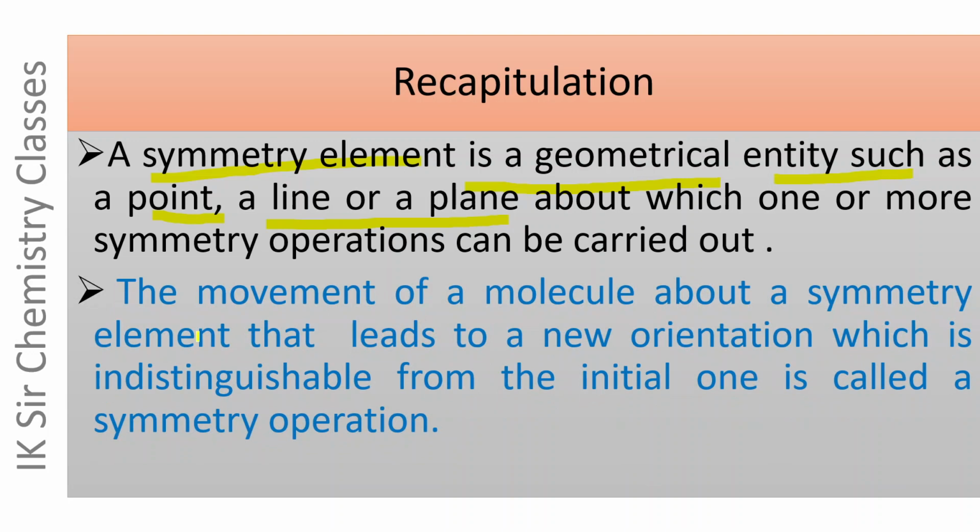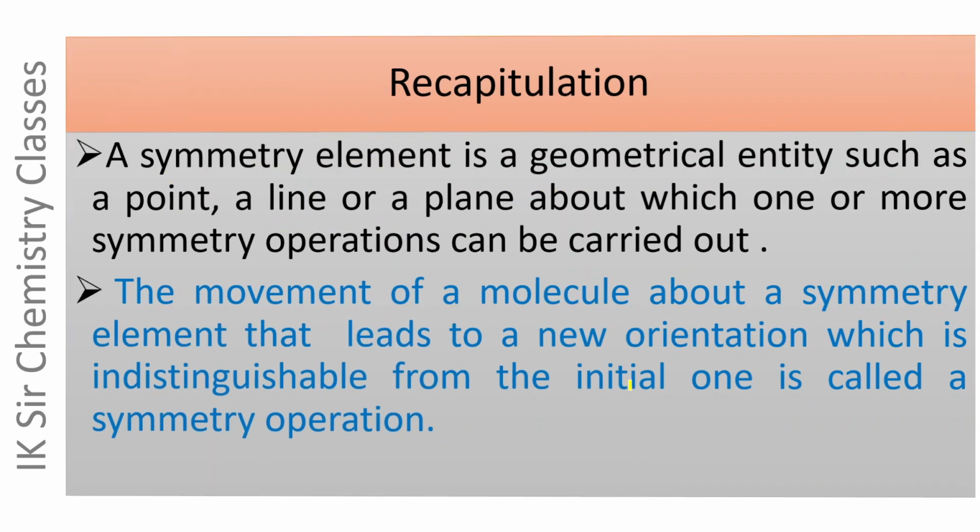On the other hand, the movement of a molecule about a symmetry element that leads to a new orientation which is indistinguishable from the initial one is called a symmetry operation.